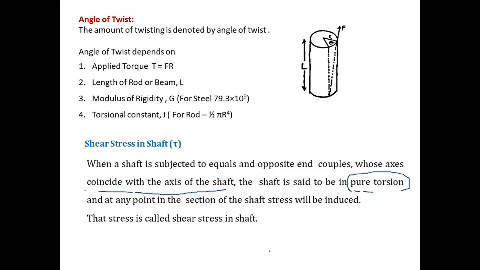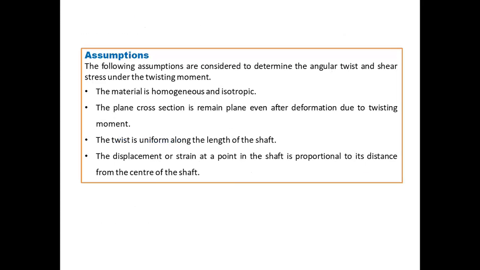And at any point in the section of the shaft, stress will be induced. That stress is called shear stress. So when you apply a force about the axis of the shaft, you get pure torsion, and the stress developed because of this pure torsion is called shear stress in the shaft.